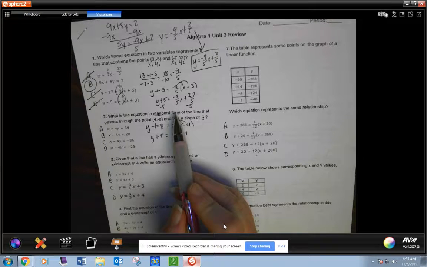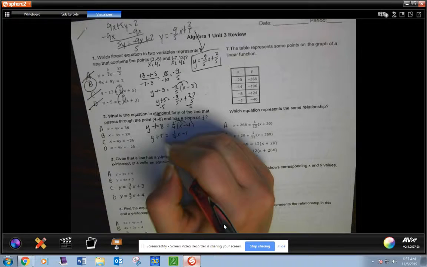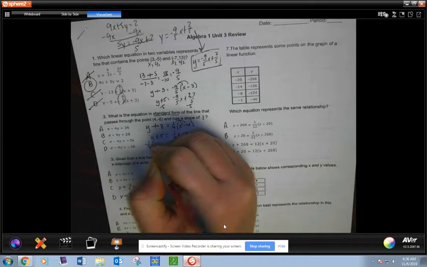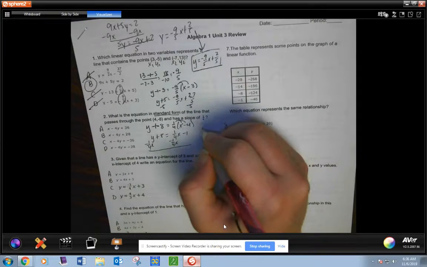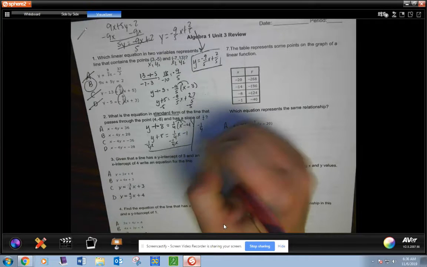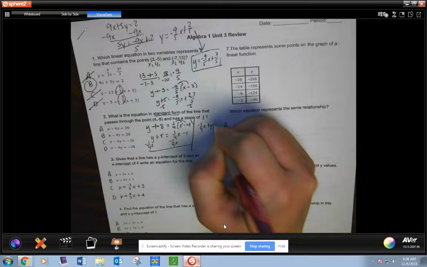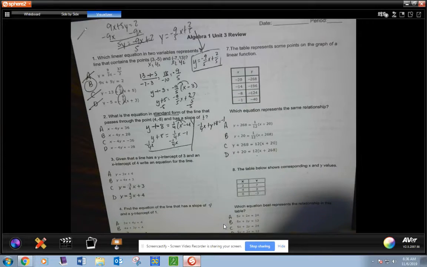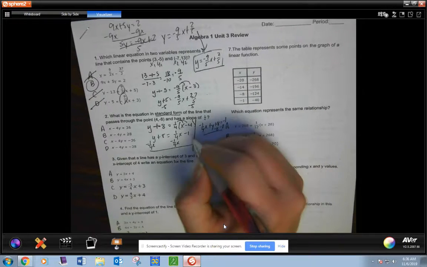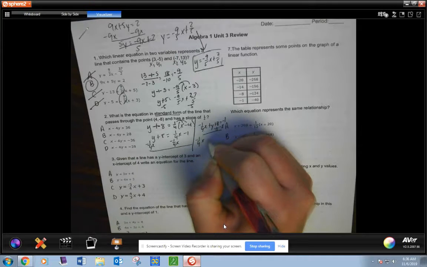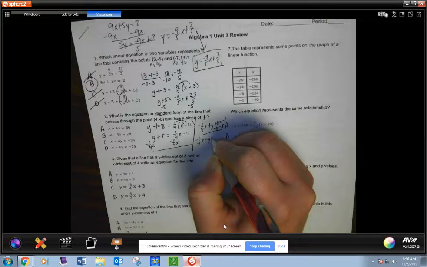Now, to get this in standard form, I need x and y on the same side. So I'm going to subtract 1/4 x. That gives me -1/4 x plus y plus 8 equals -1. I'm going to subtract the 8, and I get -1/4 x plus y equals -9.